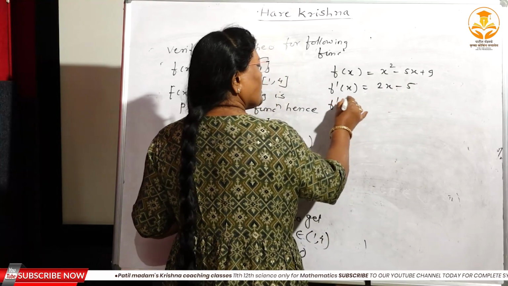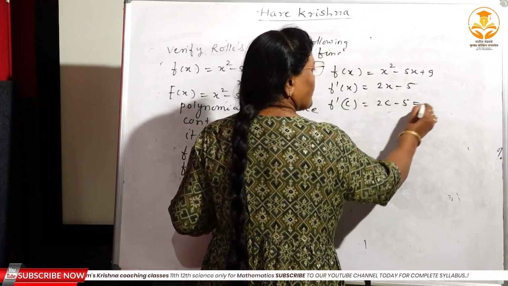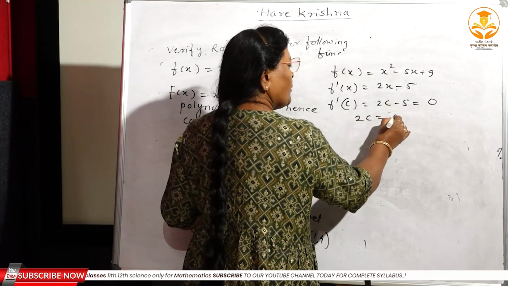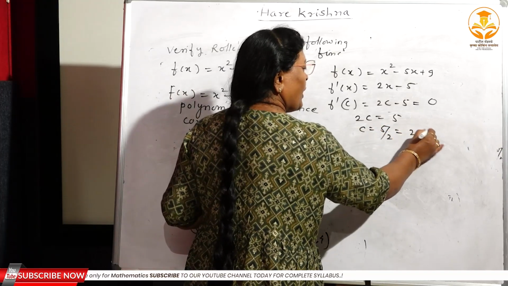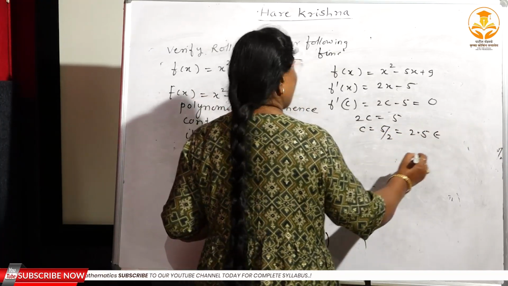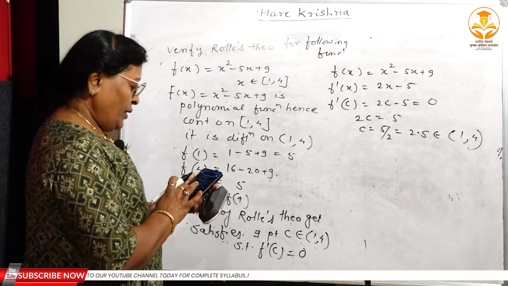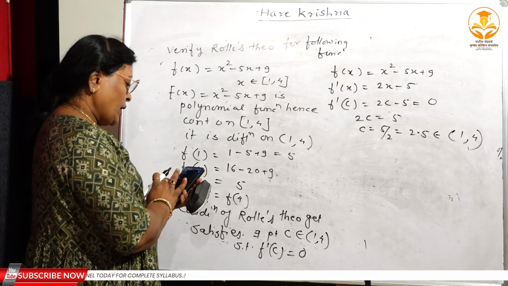Again f dash c is equal to 2c minus 5, and f dash c is equal to 0. Therefore 2c is equal to 5, c is equal to 5 by 2, which belongs to 1 comma 4. Right? So this is about the verification of Rolle's theorem.